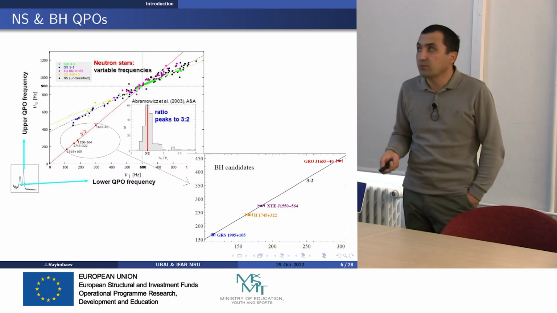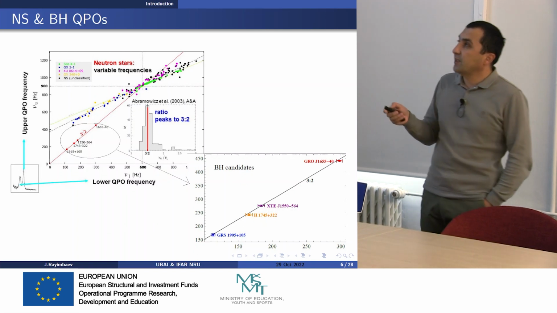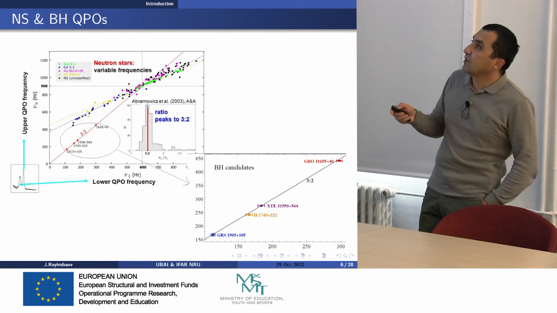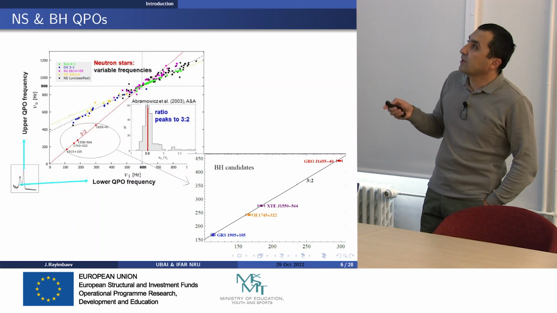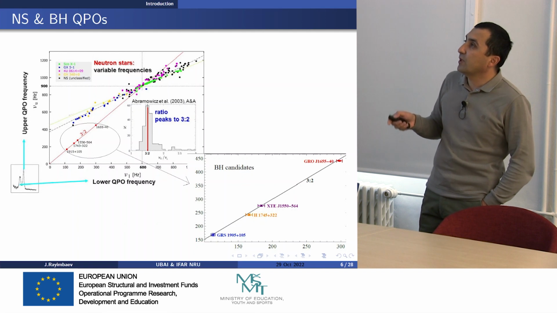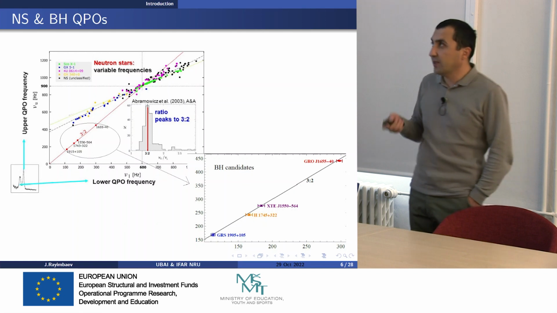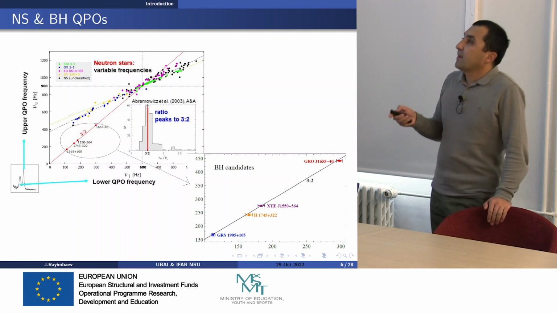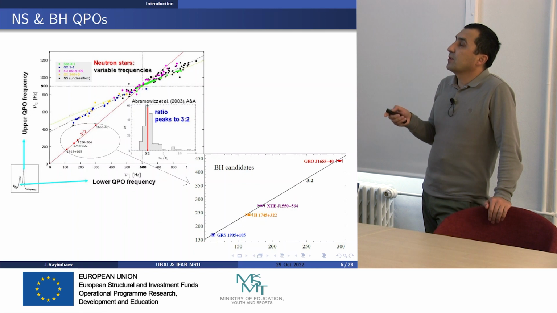We can test them as candidates, and here are shown the frequency signals in twin peak QPOs. I mean, the data has the upper and the lower frequencies, and most of them are from neutron stars.